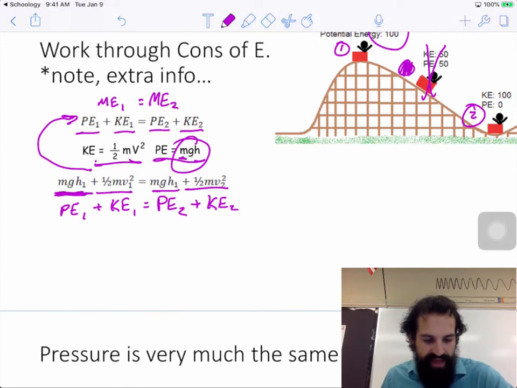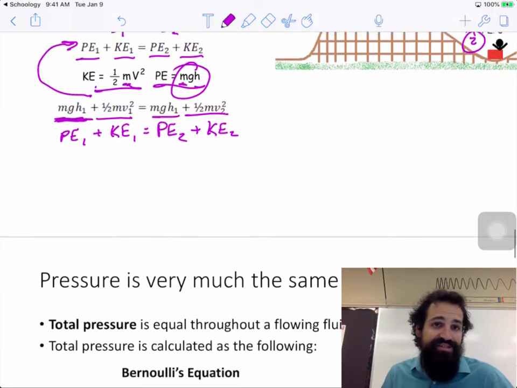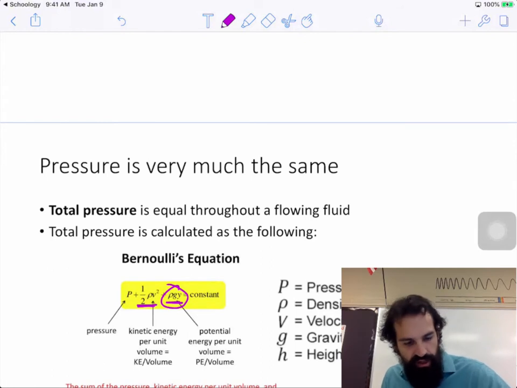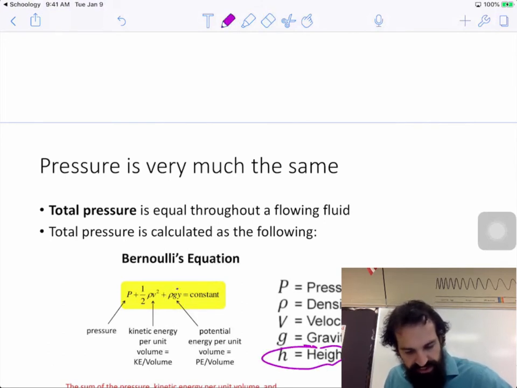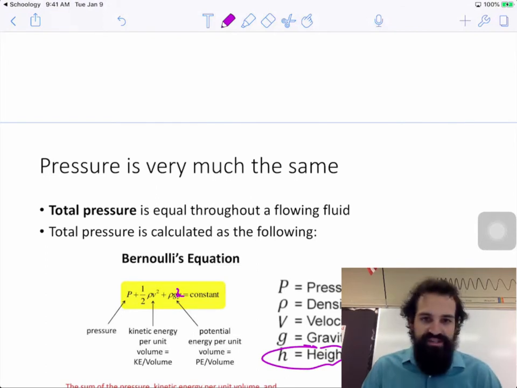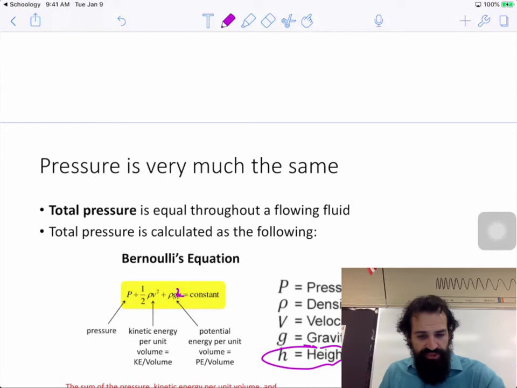So instead of mass, we're just plugging in density, rho. 1/2 mv squared, 1/2 rho v squared. mgh, rho gh. And instead of y, for the most part, we will be using height. So even though this equation has y in there, we are going to be using rho gh, but it doesn't matter.